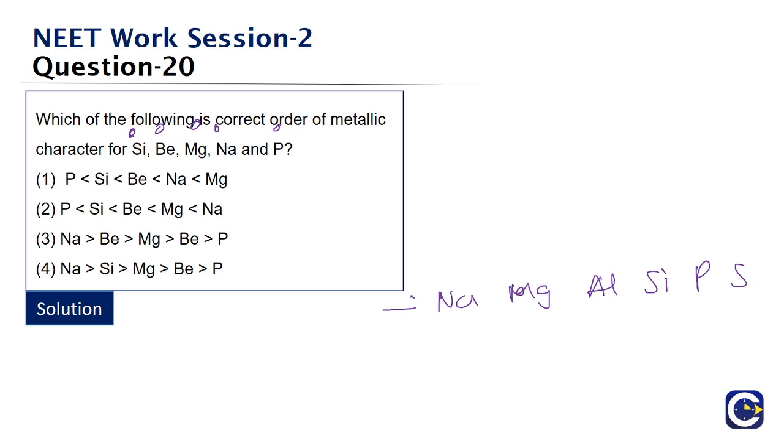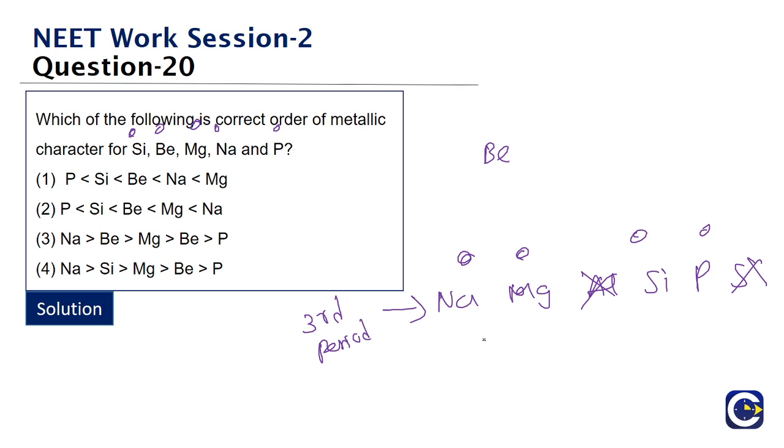These are all third period elements. So in this we have sodium, magnesium, silicon, and phosphorus. Aluminum is not there, sulfur is not there, at least in the comparison. But we have one extra element, which is beryllium.